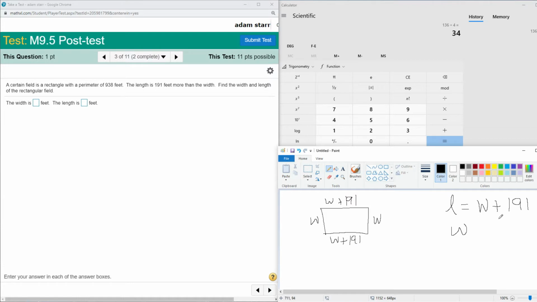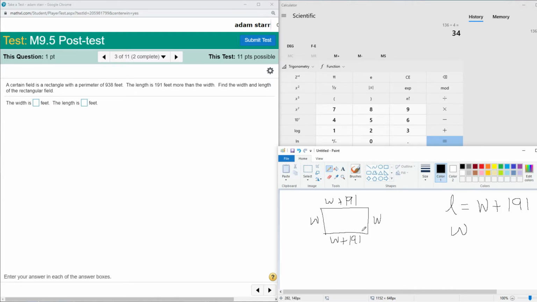And the benefit of doing it this way is now my rectangle is labeled only in terms of the width, only in terms of W. It's all W's here. So now I can create an equation in terms of W so I can solve for W. The other piece of information I need is my total perimeter, which is given to me here as 938 feet.